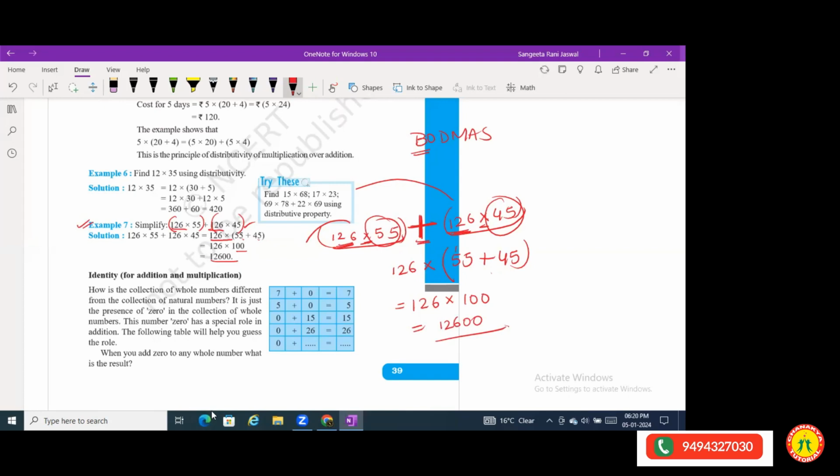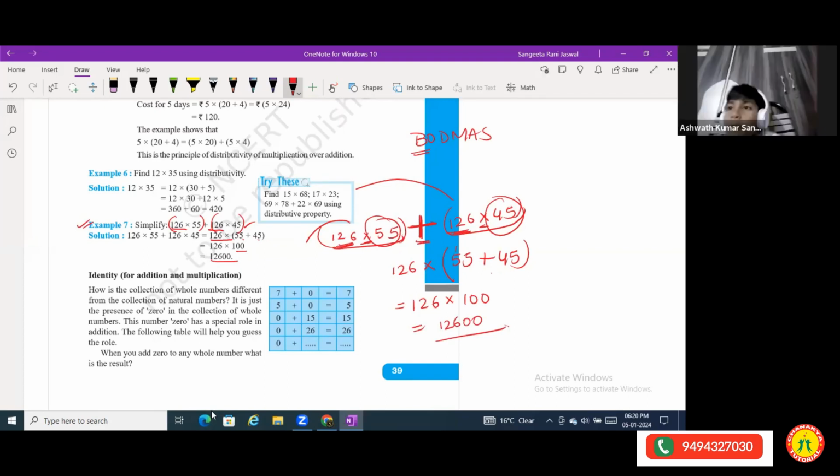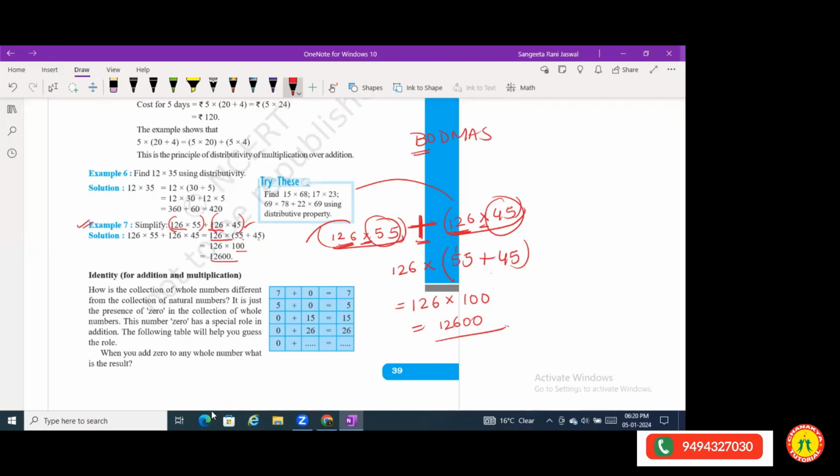Ma'am, why should we not multiply 126 into 126? Ashwath, please speak loudly. Ma'am, why should we not multiply 126 into 126? Because this method is for the shorter way. If you multiply 126 with 126, this will be such a lengthy process.